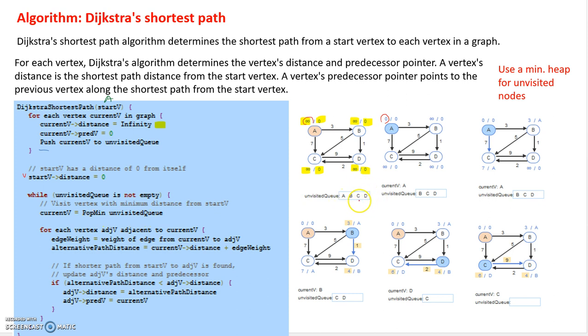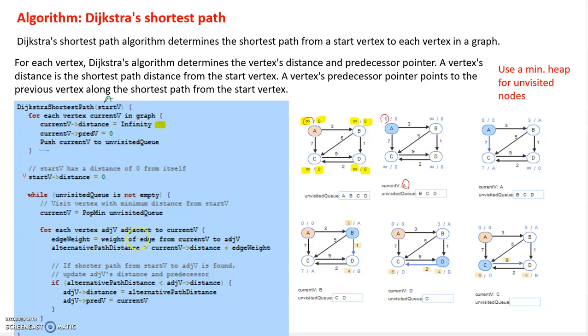Pop min means the node with minimum distance. Among these 4 nodes, we initialized node A's distance to 0, which was the starting node, so that is going to be popped, and the current V is going to be A. So we pop that, and then we go through this for loop.